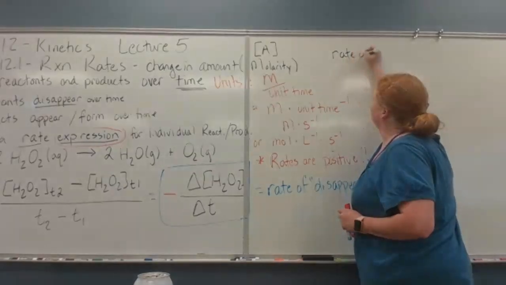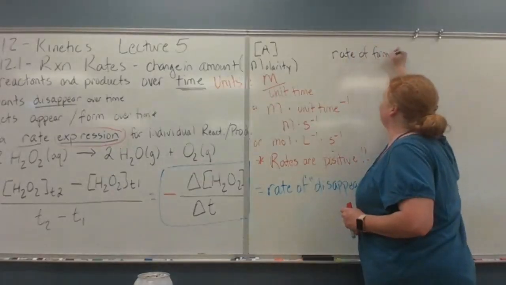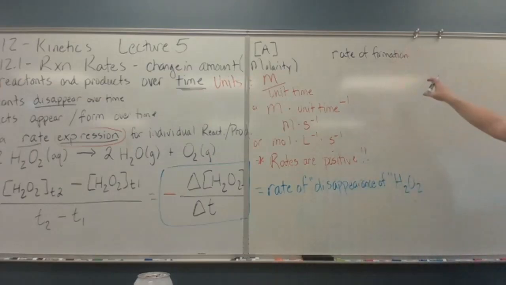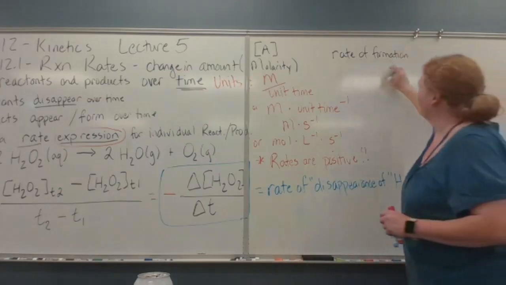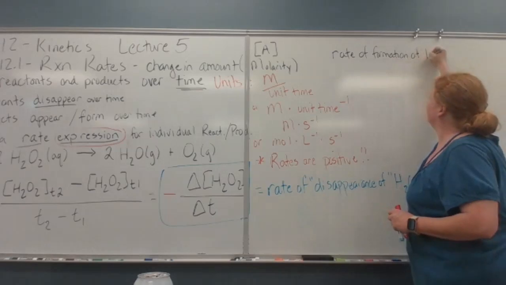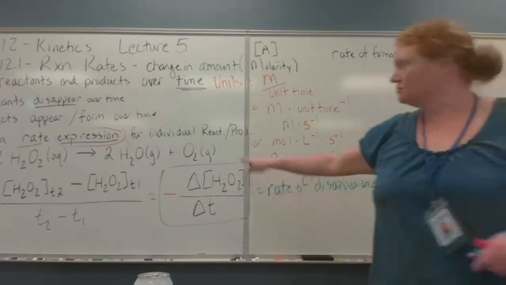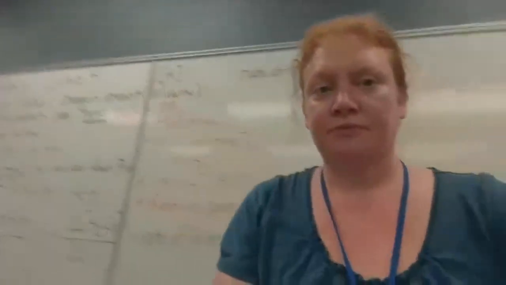So what would be the rate of, I tend to use the word formation a lot, so I'm going to use that word. The rate of formation of water. You tell me what to write. What would I be writing for this reaction?